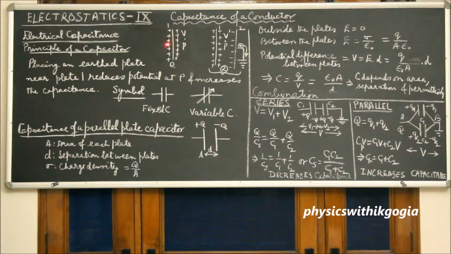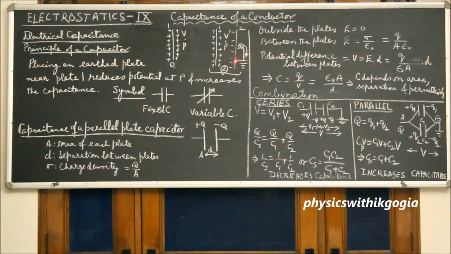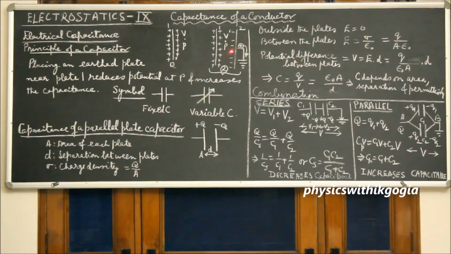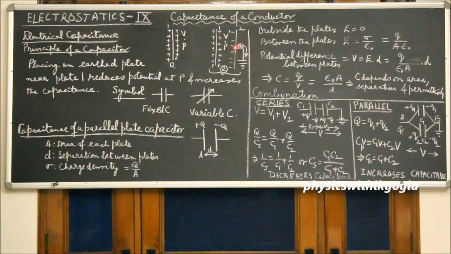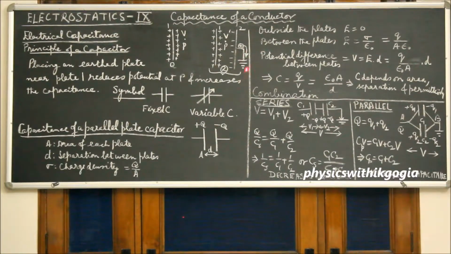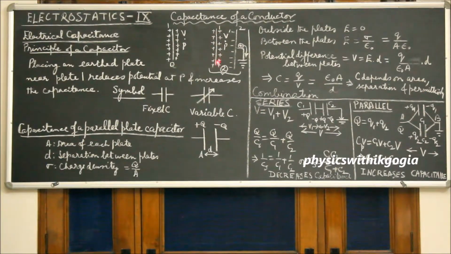Now suppose close to this plate 1 we keep another plate 2 and earth it. This positive plate induces negative charge on the inner surface and positive charge on the outer surface. This positive charge, being free, flows to earth, and the negative charge remains in position because it is bound by this positive charge.